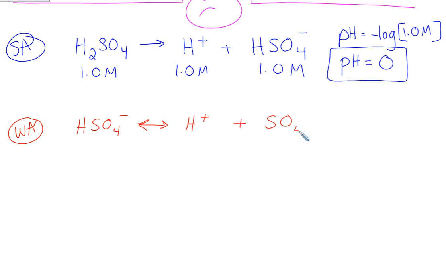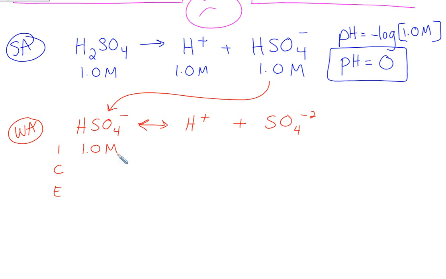And sulfate -2. Okay, so for a weak acid, we set up an ice table. The amount of hydrogen sulfate is 1 molar. It's produced in the first dissociation. It's the other byproduct. And I do get 1 mole per liter. So this is going to go in as 1.